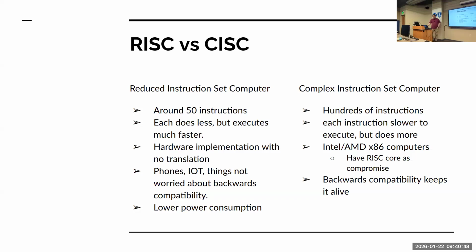And that's why phones use these reduced instruction set processors, because they are, in the end, a lot faster. And the circuitry is a lot simpler, because you only need to hard code a few instructions into it. You don't have to have these hundreds of instructions. You can just do a few.